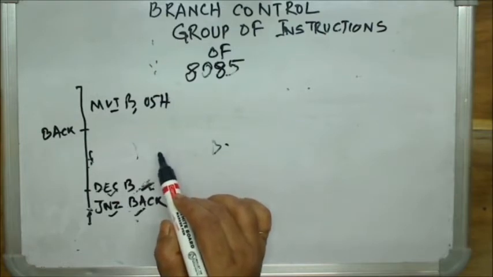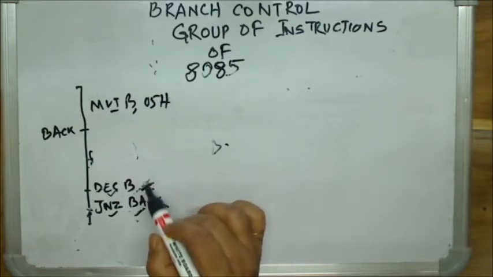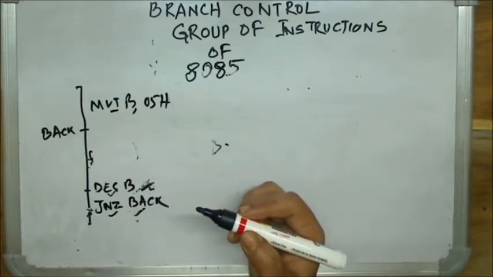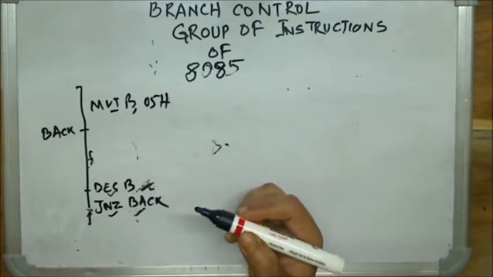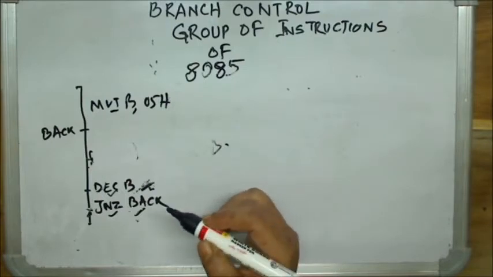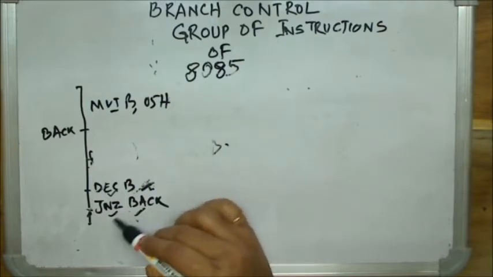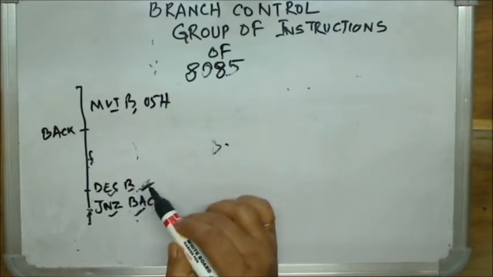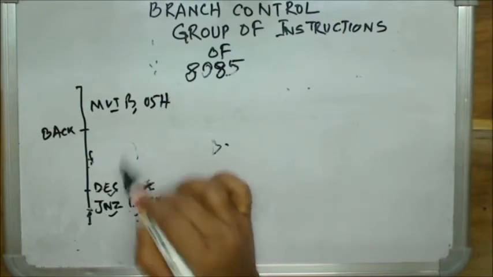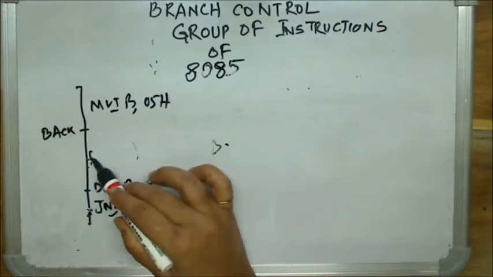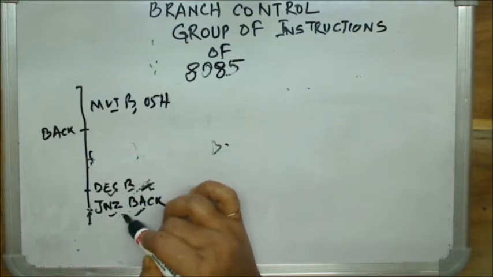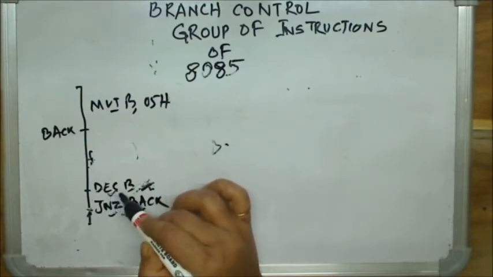I hope it is clear, because the flags change after every arithmetic and logical operation. So this JNZ will check the flag. It will not check the particular register B or C. If you write in the middle, it will not go back and check register B. It will give you the status of the flag depending on the current instruction.